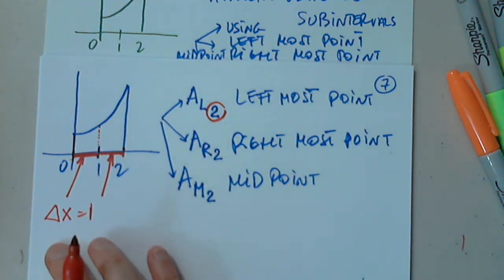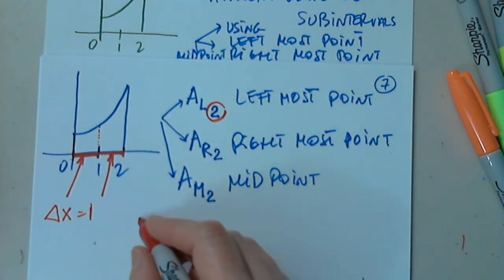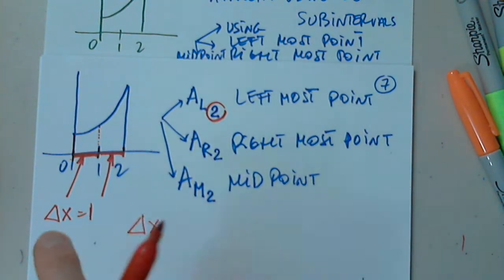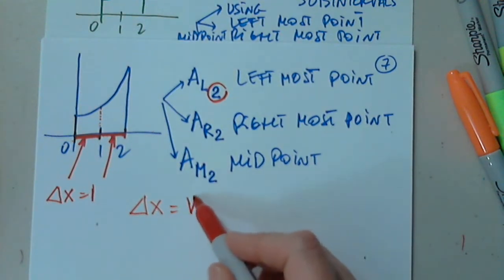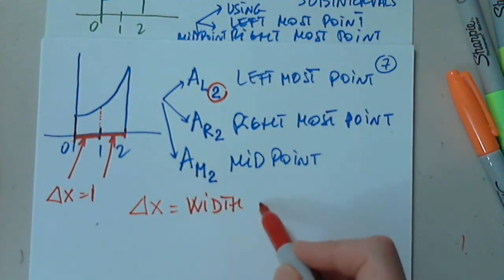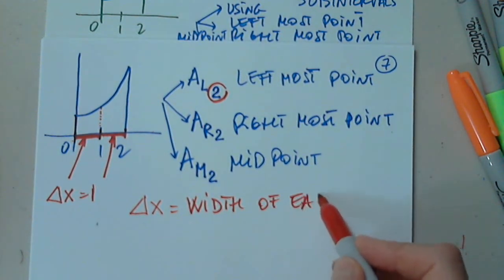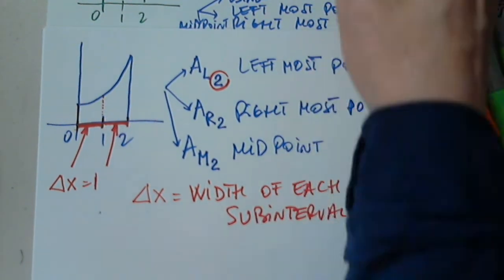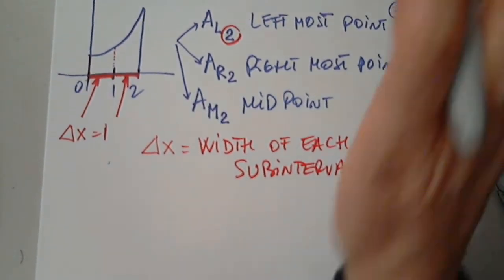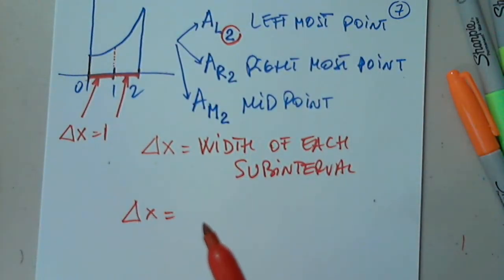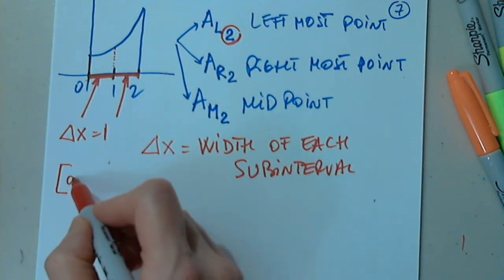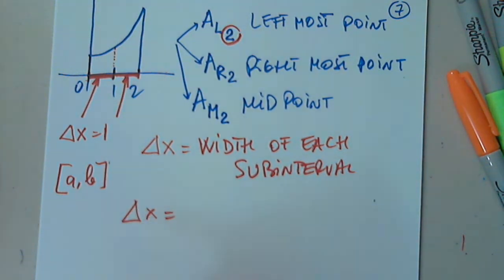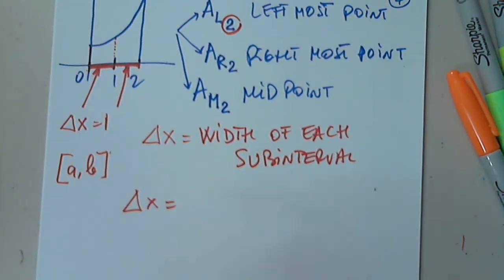How did I get this? Well, the formula for delta x, which is the width of each subinterval, is determined. Delta x, of course, our interval is a comma b, our best friend from Rolle's theorem and from all the other ones.